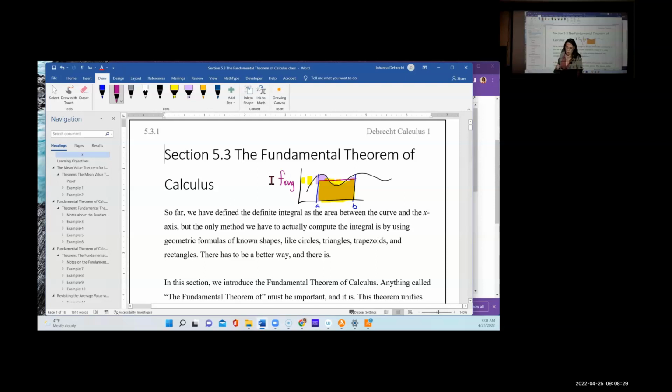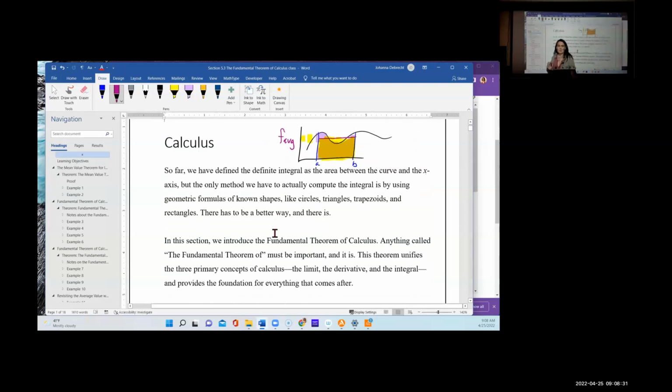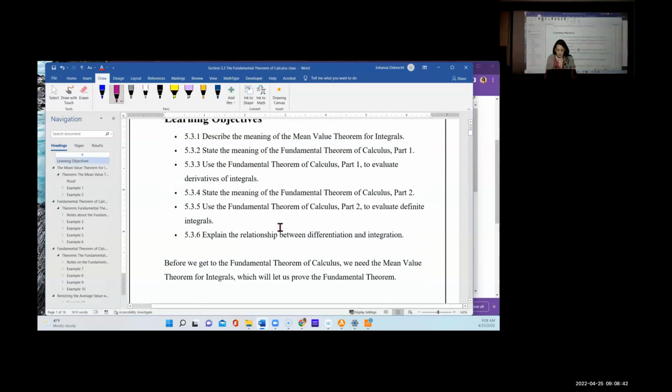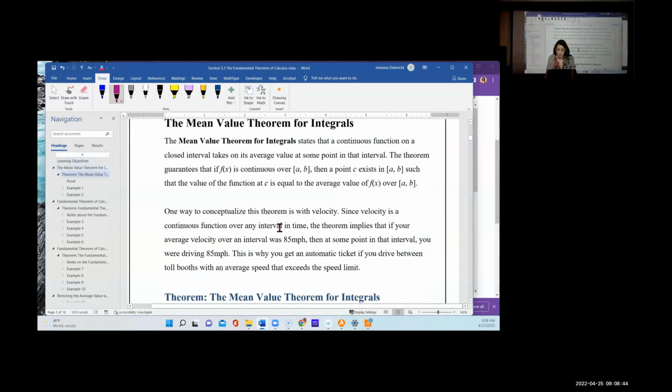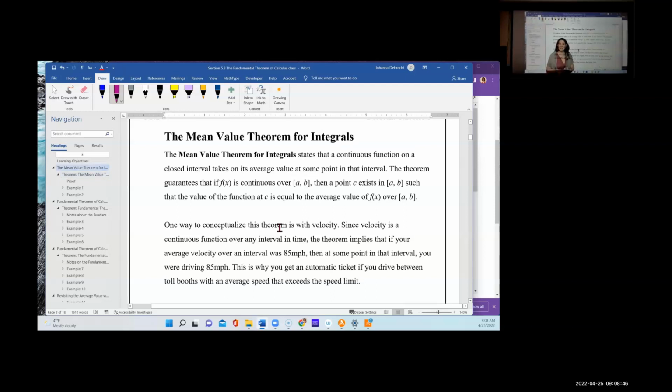Now, what does the mean value theorem for integrals have to do with that average height that gives a rectangle of the same area as the area between the curve and the x-axis? When we're looking at this, it first off has some of the same conditions. We need to have a continuous function, and it has to be on a closed interval, starting out like the mean value theorem in general.